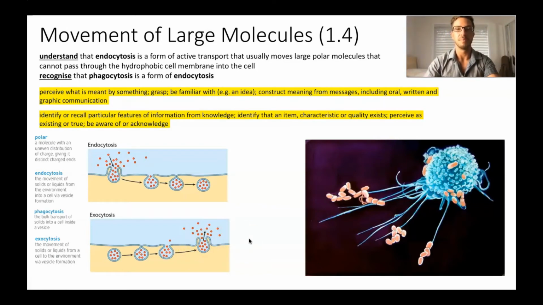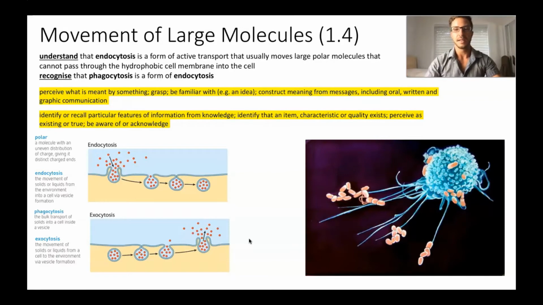And this might be broken down waste that it's excreting. It could also be the process of excreting hormones or enzymes or proteins or antibodies from inside the cell to the outside.